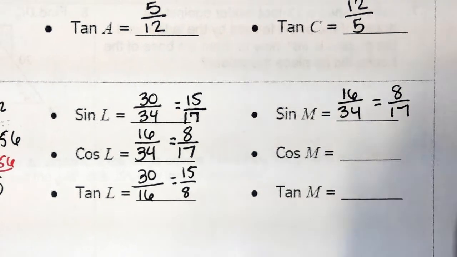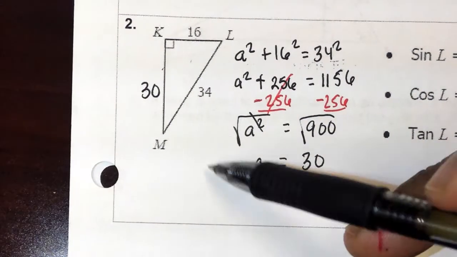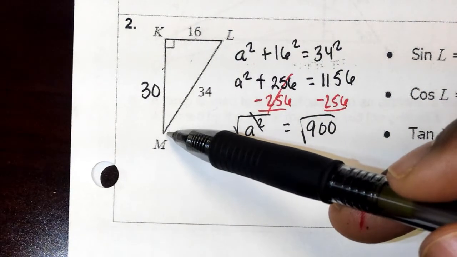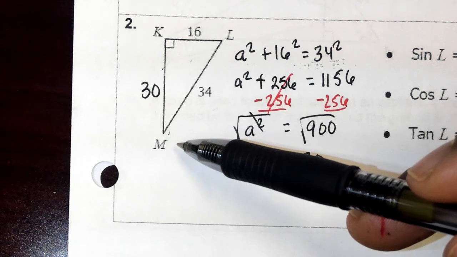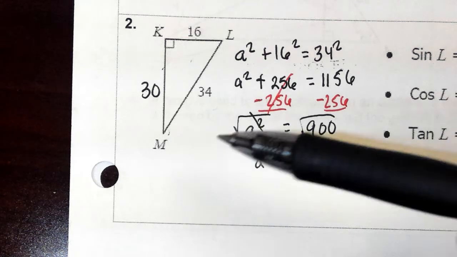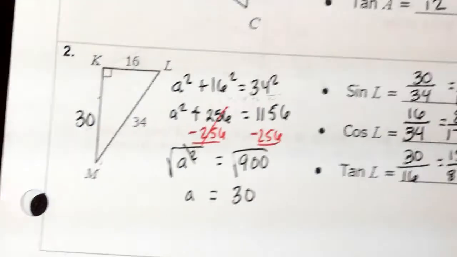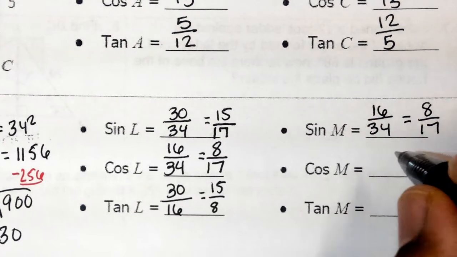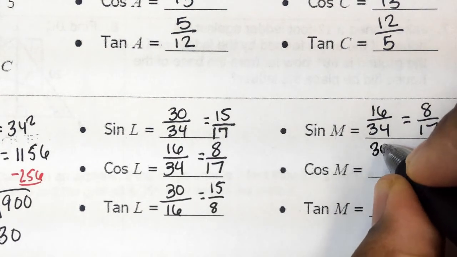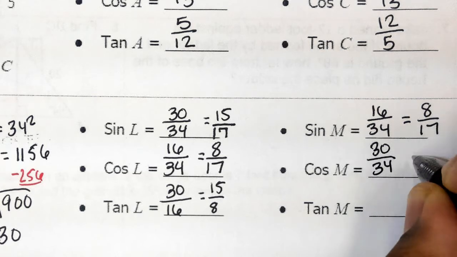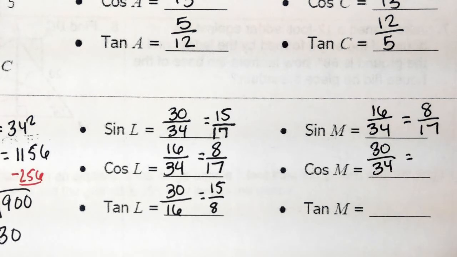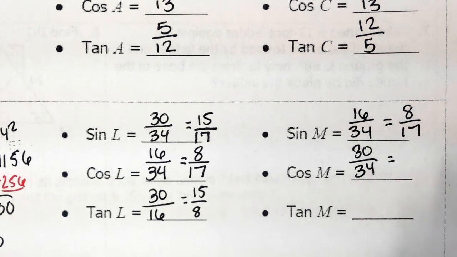You're struggling right now, I see. From angle M, what side is adjacent to angle M? Hypotenuse, 30 over 34. Reducing? Simplify.